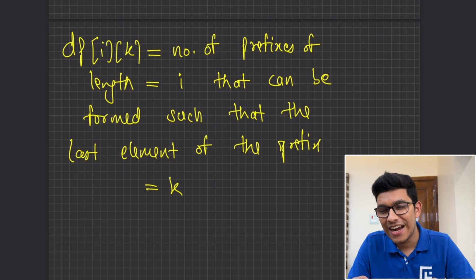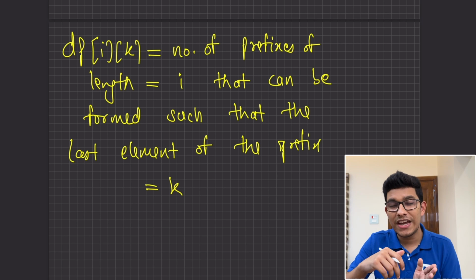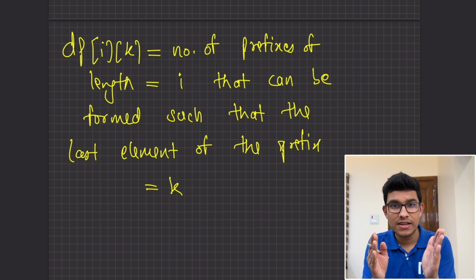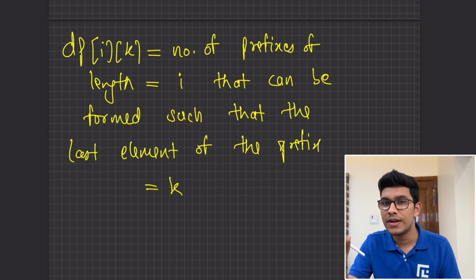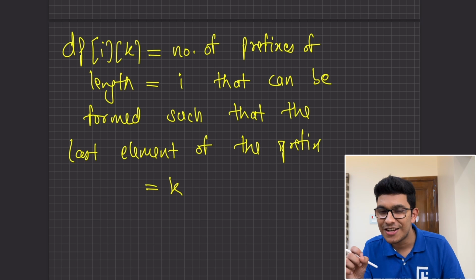Can I say I am concerned about the entire array, the number of different arrays? So dp of n comma 1 is the number of prefixes of length n such that the last element is a 1. dp of n comma 2, the number of prefixes of length n such that the last element is a 2, and so on up till dp of n comma m.